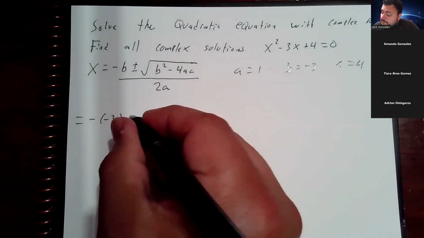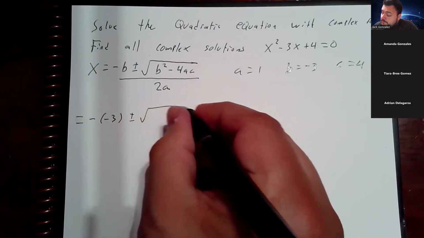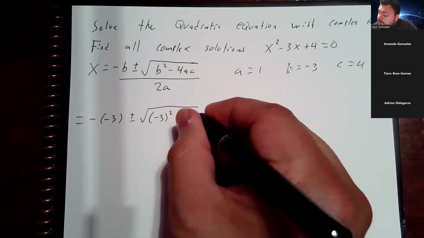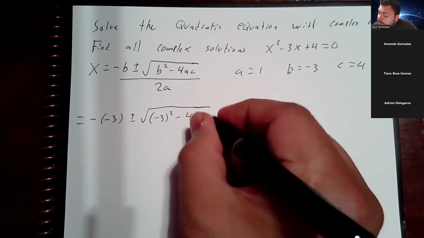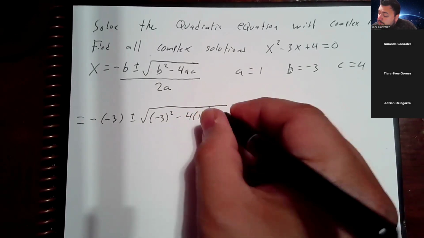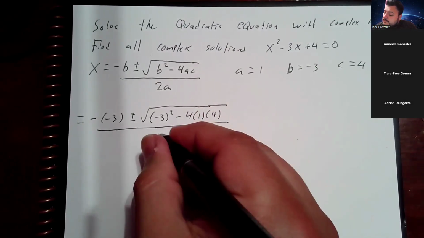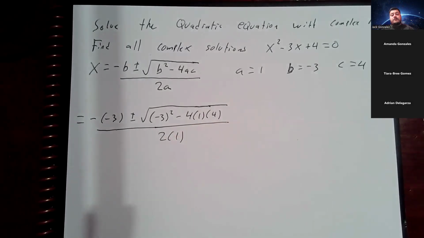negative 3. Negative 3 squared minus 4 times 1 times c. There we go.